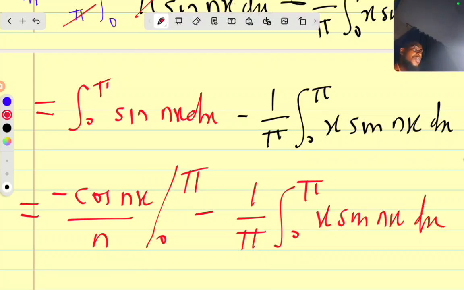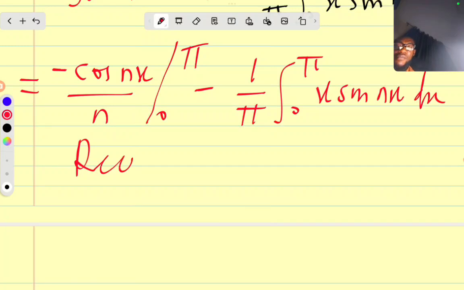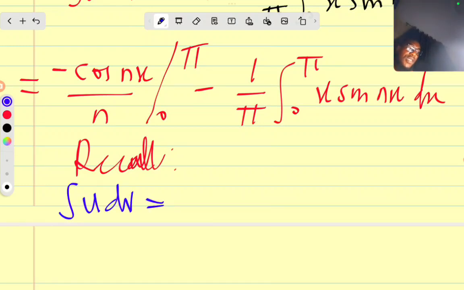So now this is going to call for the use of our integration by parts. You should recall that from integration by parts, the integral of u dv is the same thing as u times the integral of dv, minus u prime times the integral of v again to have your v2.